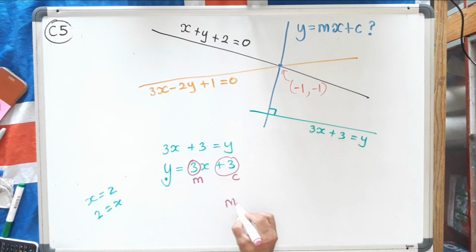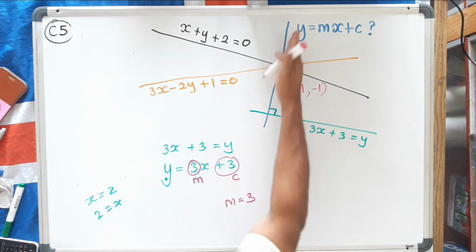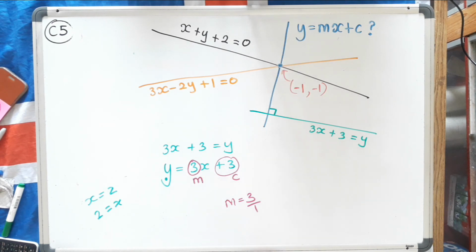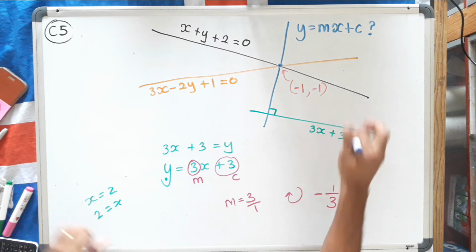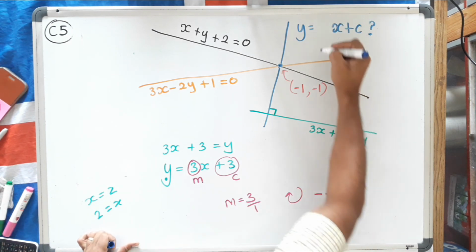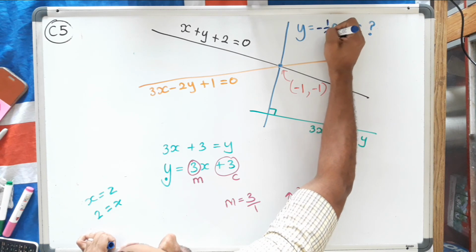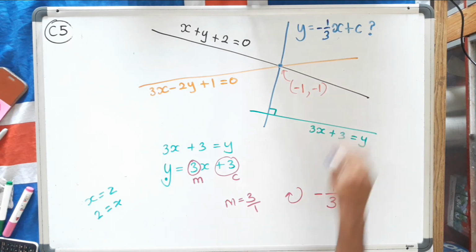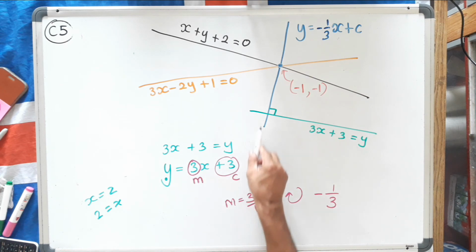So if the gradient is 3, then the gradient of the blue line, 3 is the same thing as 3 on 1. You have to flip it. You will get 1 on 3, and the positive will become negative. So that means the gradient of the blue line, we now know, is minus 1/3. We just need to find c now. To find c, we need a point on the blue line.